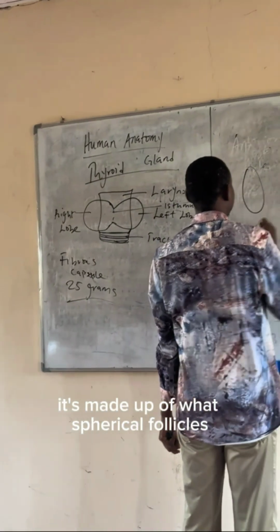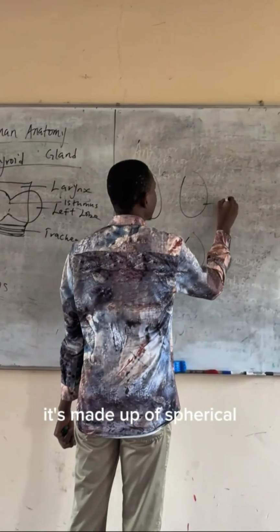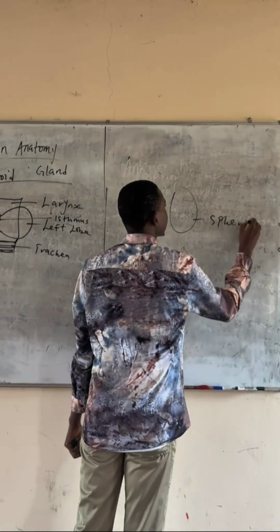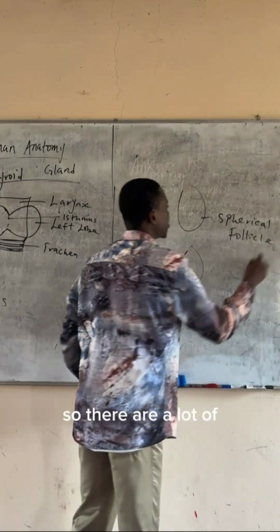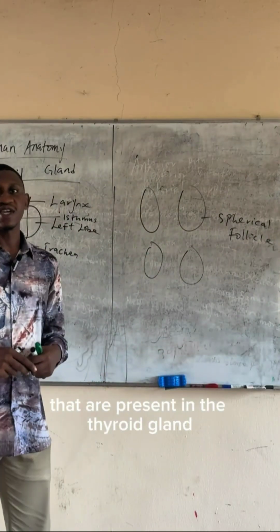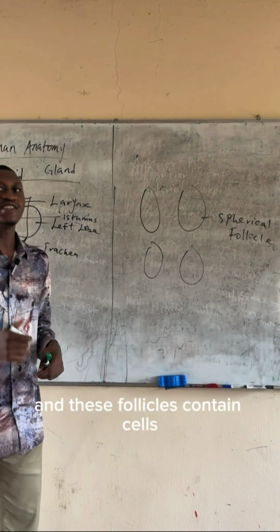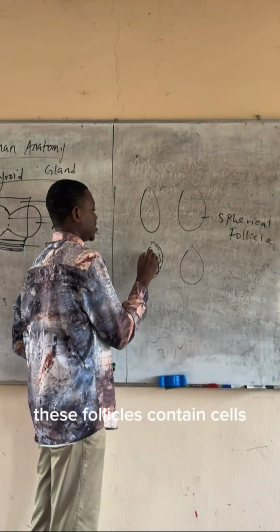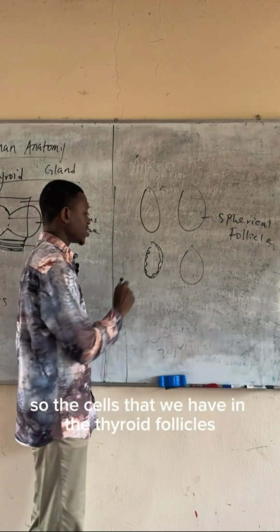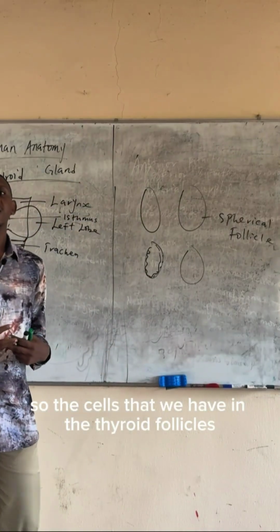Spherical follicles. It's made up of spherical follicles. There are a lot of spherical follicles present in the thyroid gland, and these follicles contain cells.